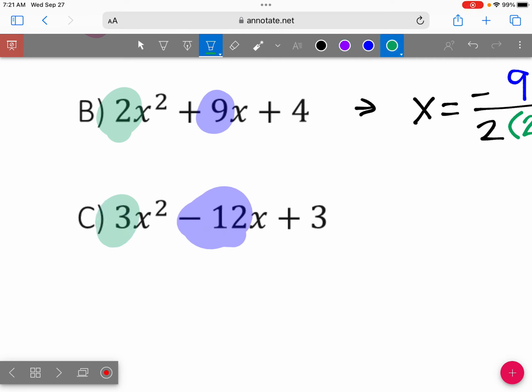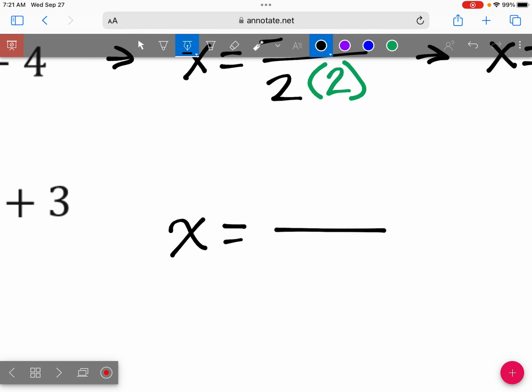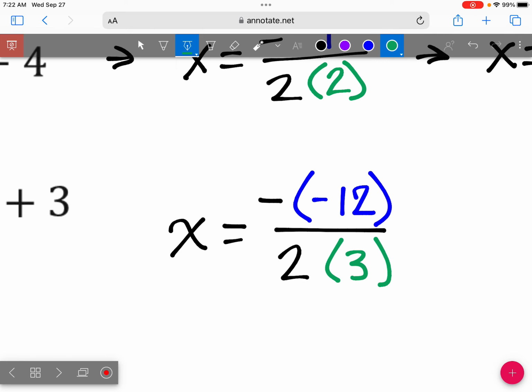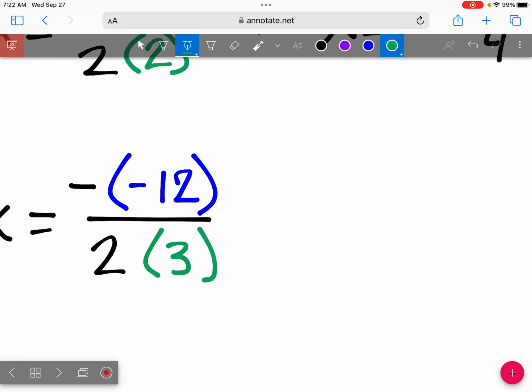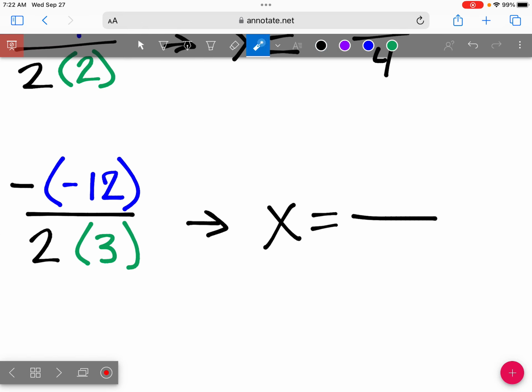All right, again, we're going to take our B and we're going to take our A, and we're going to put those together. So our x equals the opposite of B, so the opposite of negative 12 over 2 times 3. The opposite of negative 12 is what? What's the numerator going to simplify down to?